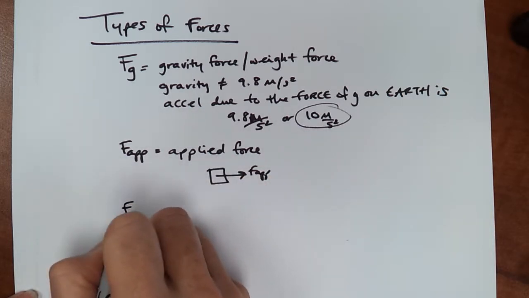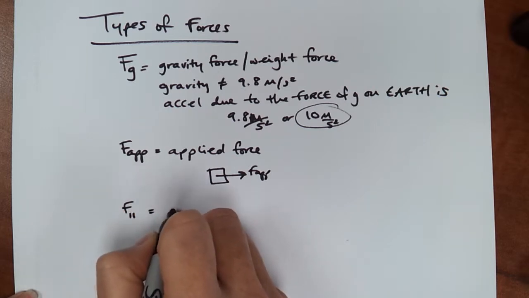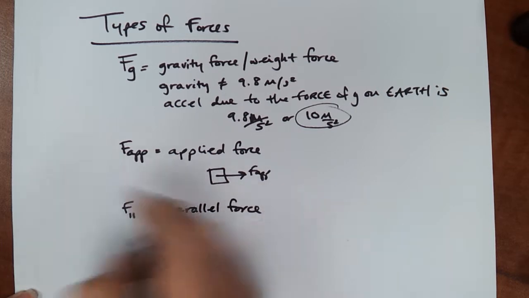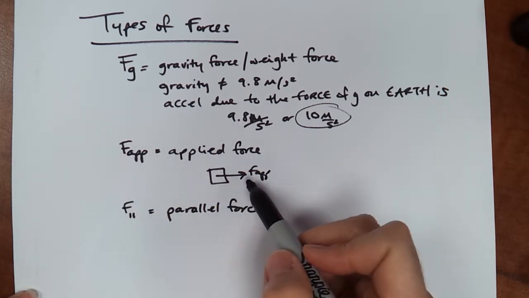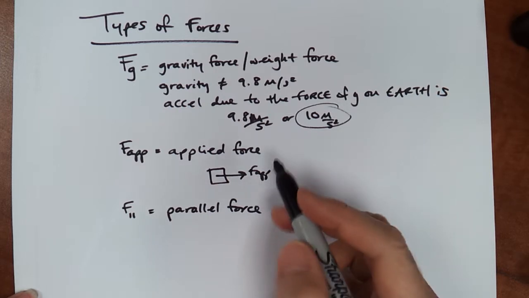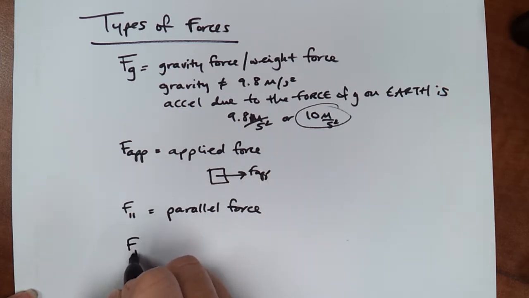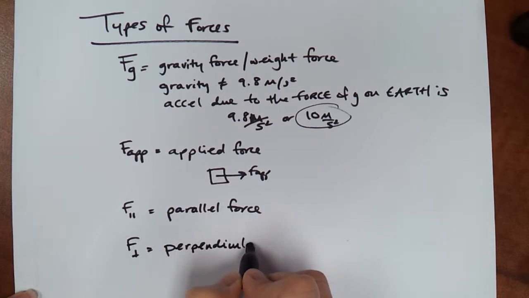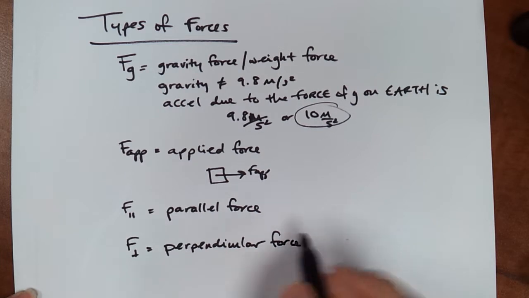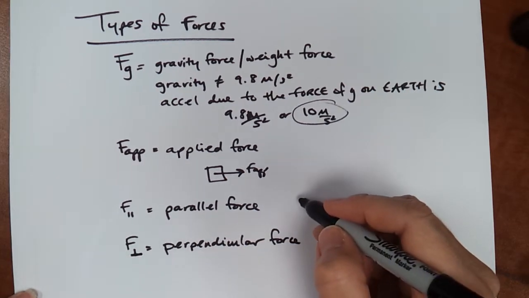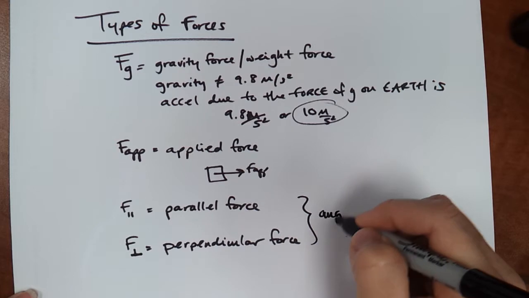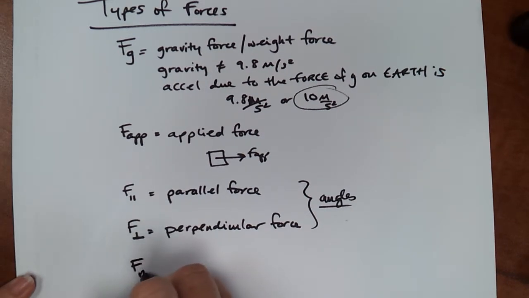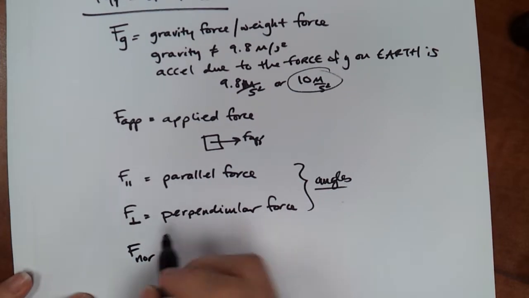We also have F parallel, which, if an applied force is applied parallel, you could label as F parallel. We also have F perpendicular. And we use these a lot when we talk about angles and labeling things. We have the normal force, F nor or Fn.